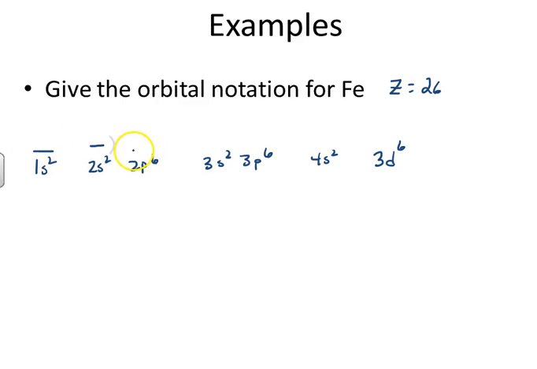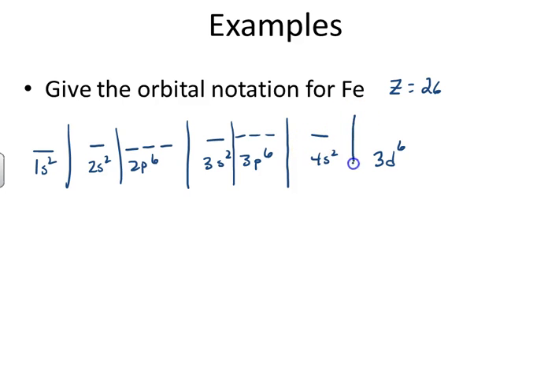S, S, P, S, P, drawing the vertical lines just to keep everything separated, S, and then we've got D. D's have 5: 1, 2, 3, 4, 5.